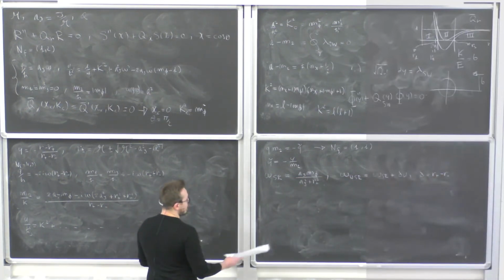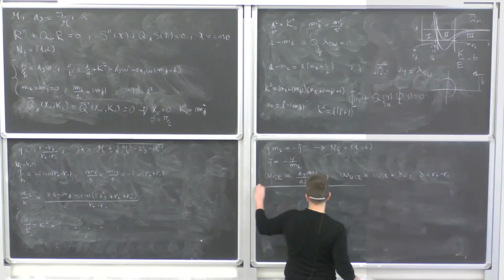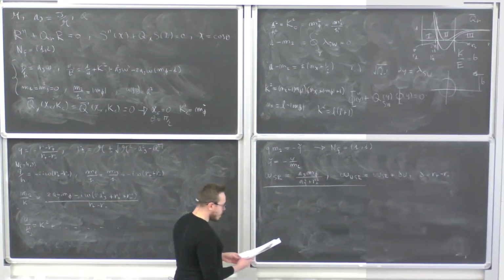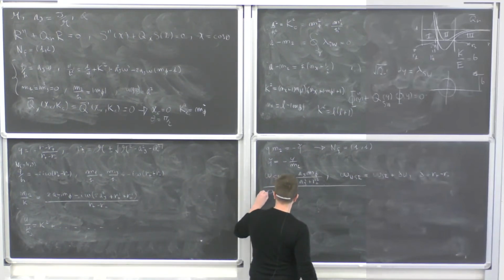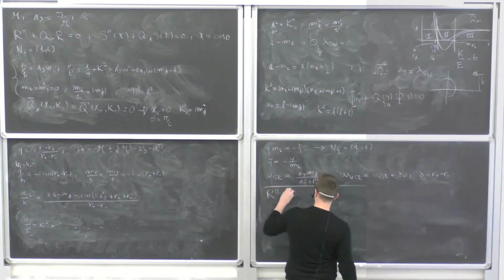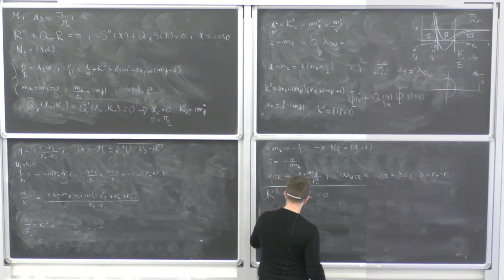Now you can use the following reasoning and study the radial equation in two limits. The first limit will be r much larger than r plus, which is much larger than delta.